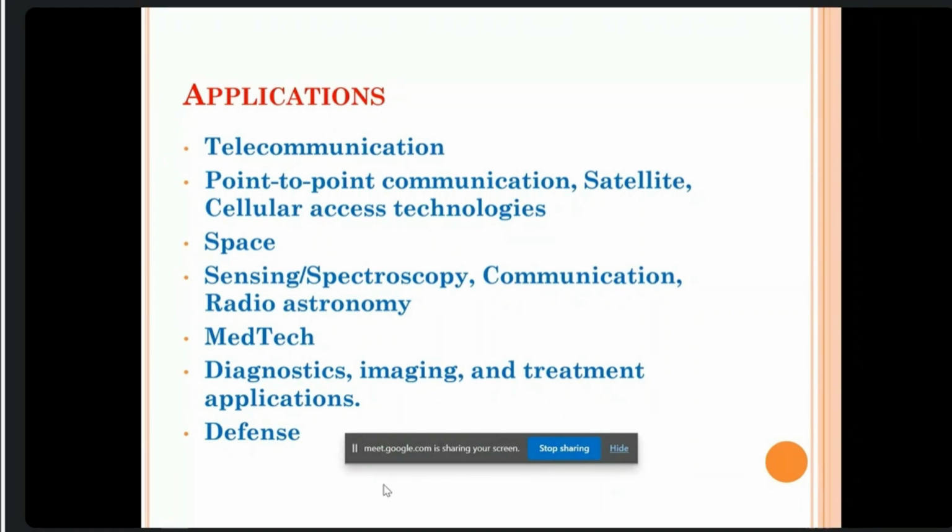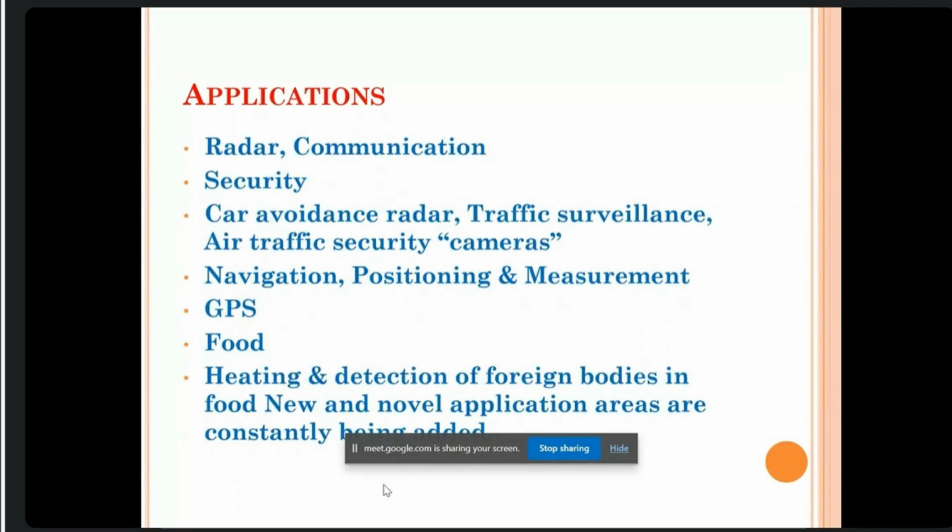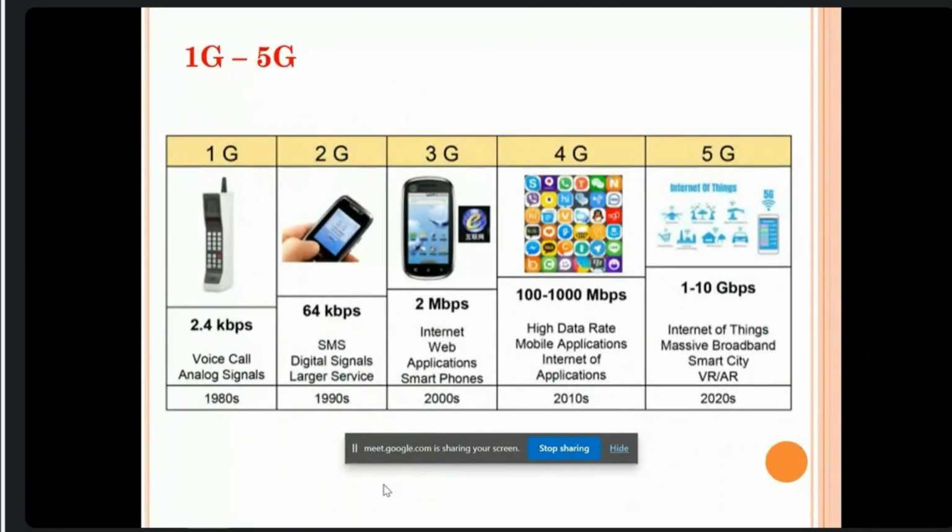Like that, we have many applications for RF and microwave, radar communication, security, GPS. But particularly in communication, if you transmit the signal and then receive it far away, a long distance, it will be added with noise. So to remove the noise, immediately you go for the filter.